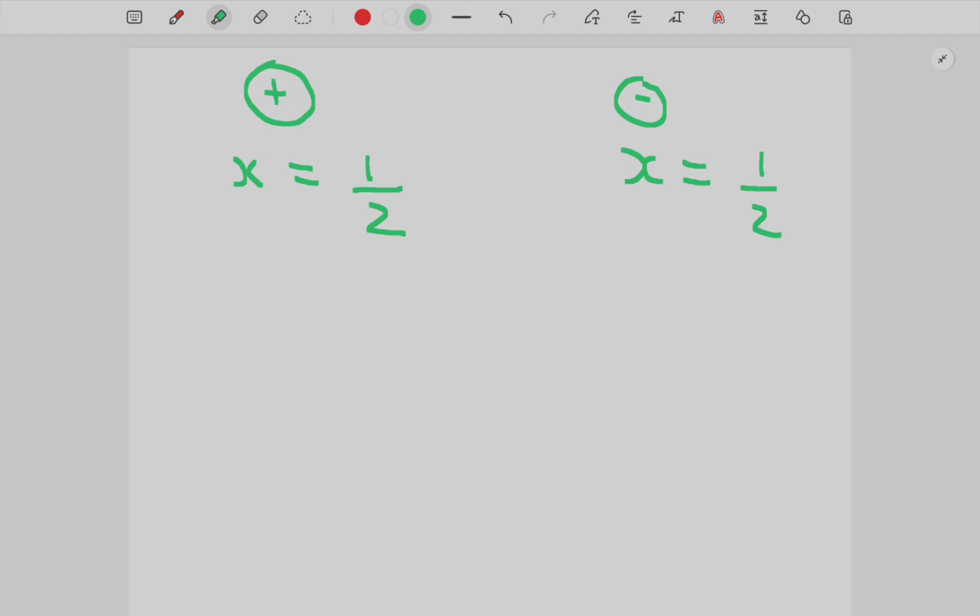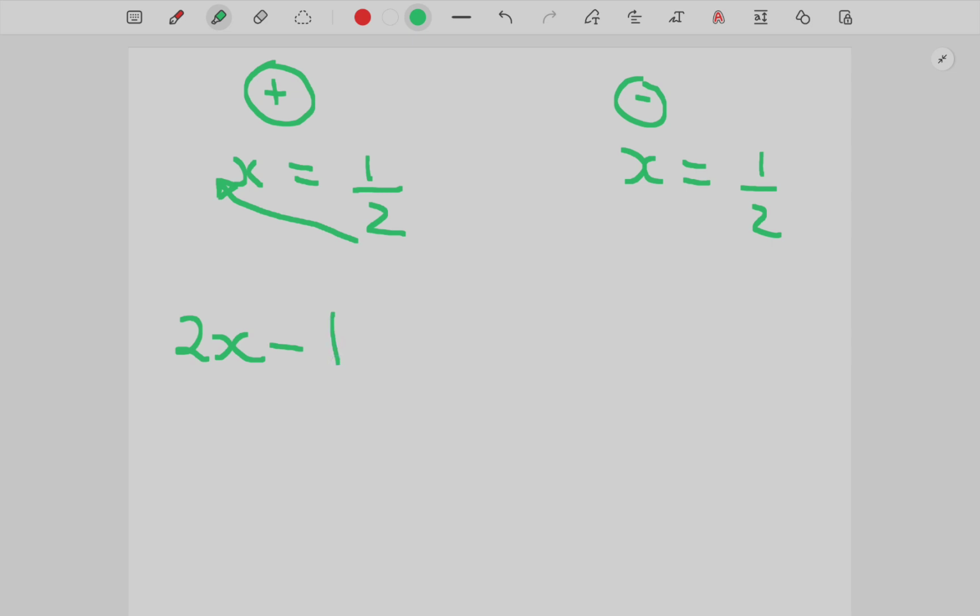So how do we move 1 over 2 to the left hand side? You must cross multiply first. 2 times x is going to give you 2x. Then you take this one. This one is positive on this side, then when it goes to this side it's going to be negative 1.